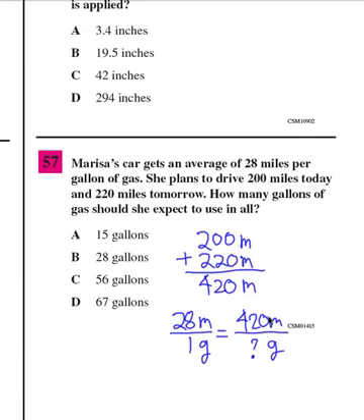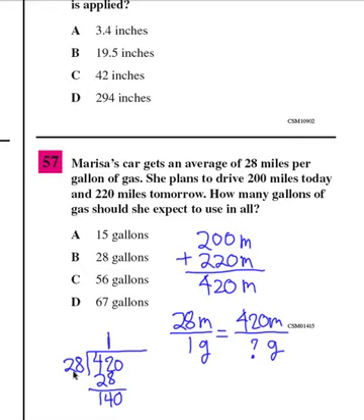So this is 420 times 1 divided by 28. 420 divided by 28. 28 goes into 42 once. The remainder is 14. Bring down the 0.